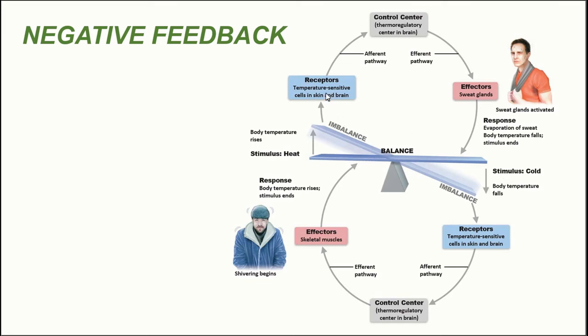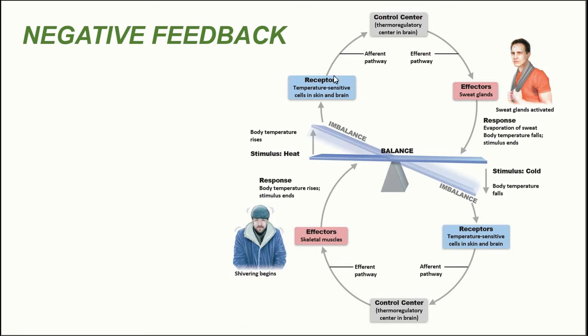Now, as I mentioned, our skin has temperature-sensitive receptors in it. The temperature-sensitive receptors are also located in the brain. So both of these are responding to the stimulus of heat and cold. The only thing that's really different is the body's response to these two different temperatures, but the same sets of receptors are activated here.